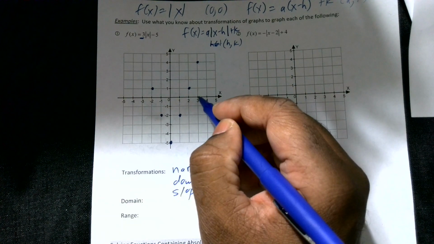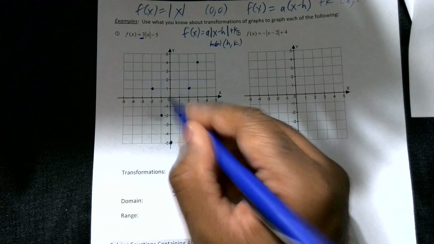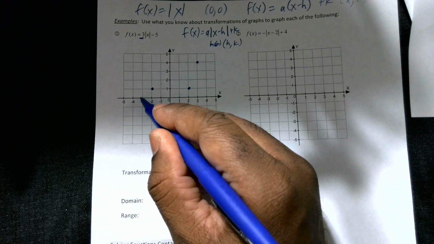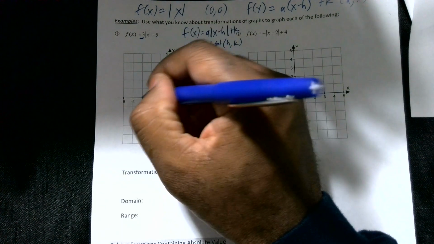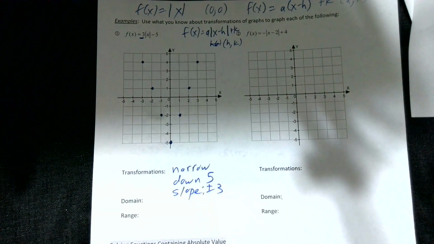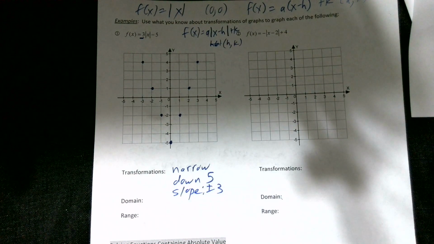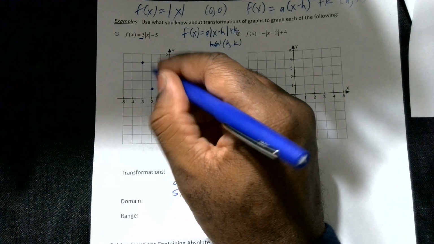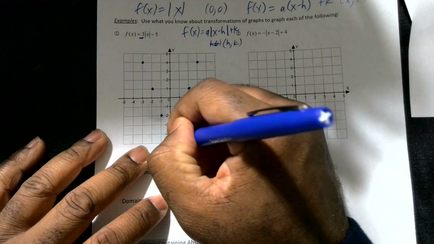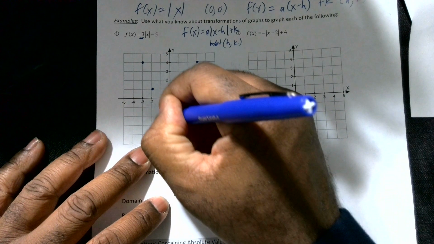So this is 3 away from 0, and then negative 3 is 3 away from 0. So this should have the same y value, and we could prove that. We can go up 3 and then to the left 1, and we just proved it. Now we will graph these points here.